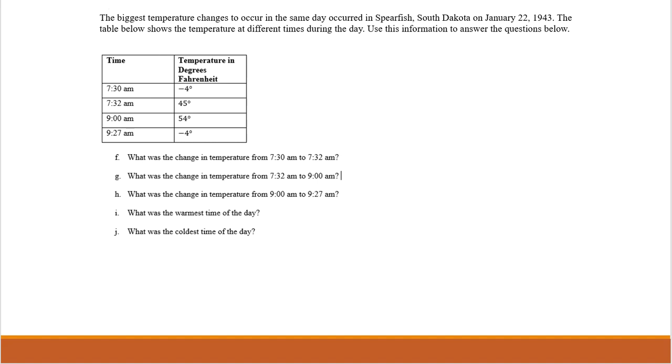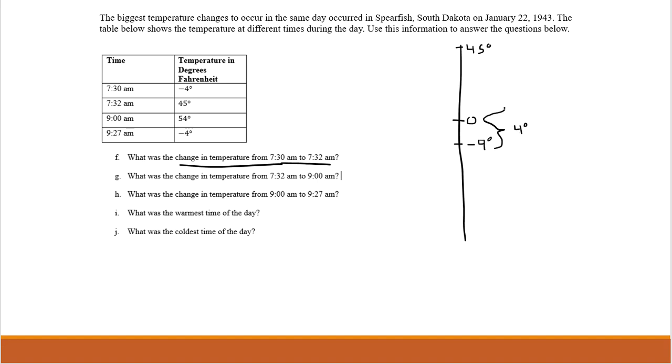Okay, so let's just do a little thermometer here. And maybe you did this. So if this is 0, and this is -4 degrees, 45 degrees is going to be up here. So if we're wanting to know the change in temperature from 7:30 to 7:32, well, when you move from -4 to 0, the temperature is changing 4 degrees.